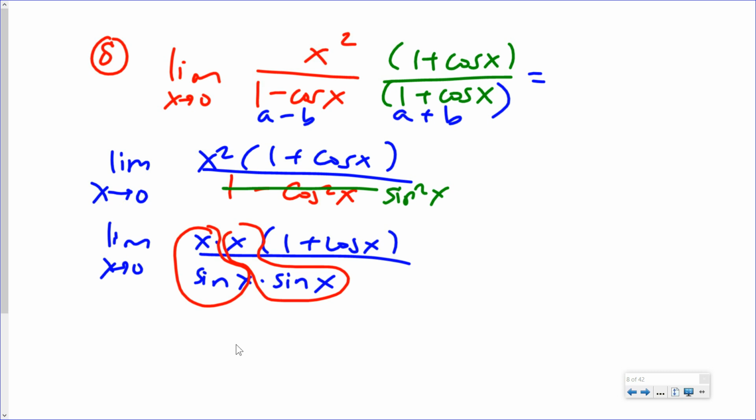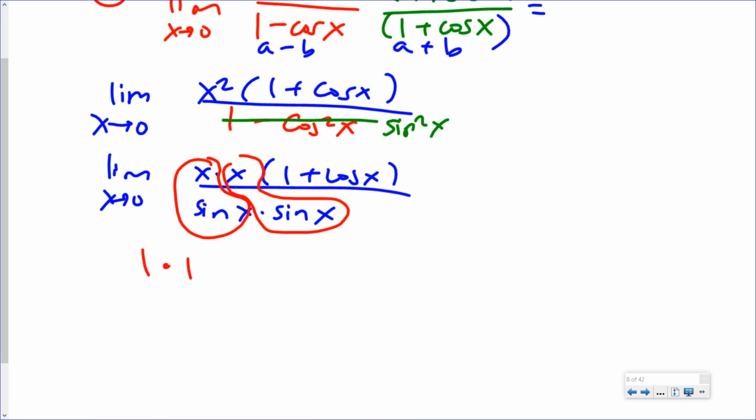For sure, if I took the limit out, that is not equal to 1, but the limit as x goes to 0 is definitely equal to 1. So what happens here is I have 1 times the limit as x goes to 0 of 1 plus cosine x. And what is the answer to that? 2. The answer is actually 1 plus 1, which is 2. Okay? What other questions do you guys have?